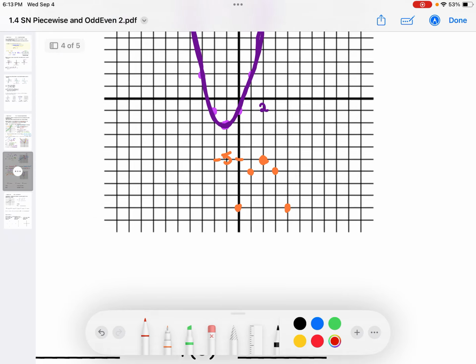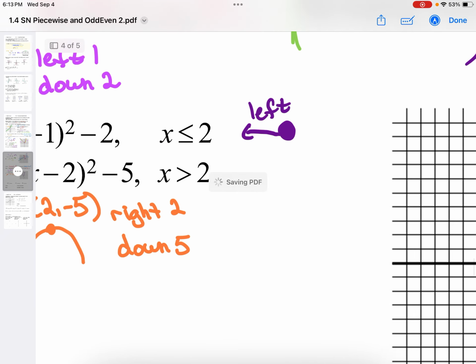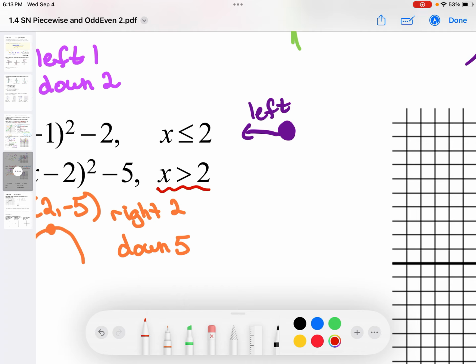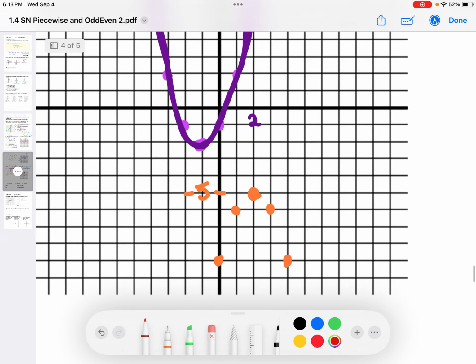Again, we're not using all of it. We're only using one piece of it. The piece that we're using is x greater than 2. So on that 2, it's going to be an open circle, and then we will go to the right because that said greater. So where x is 2 happens to be the vertex of our graph.